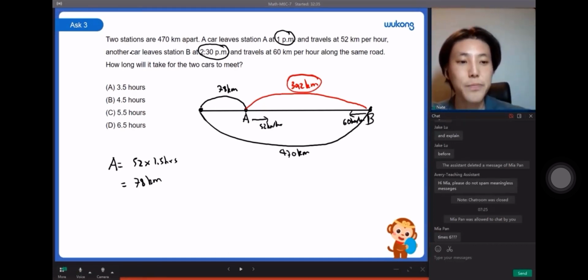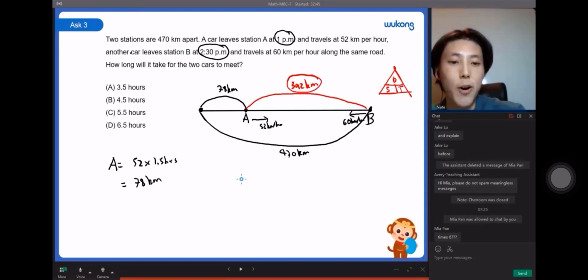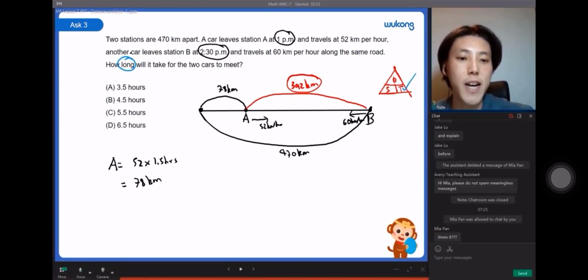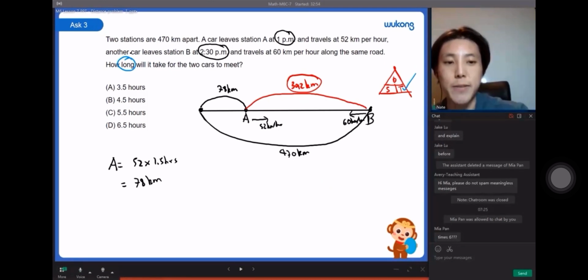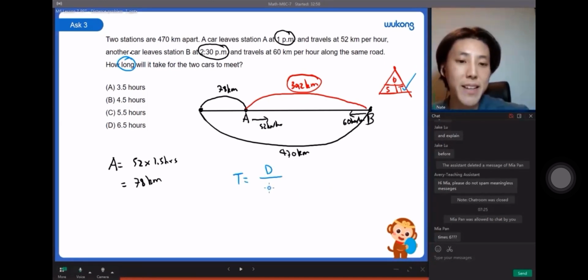Okay, so let's start. It's just the same after that, just one extra step before our regular steps. Since we're looking for the time, how long would it take? So time is going to equal the distance remaining divided by the combined speed.